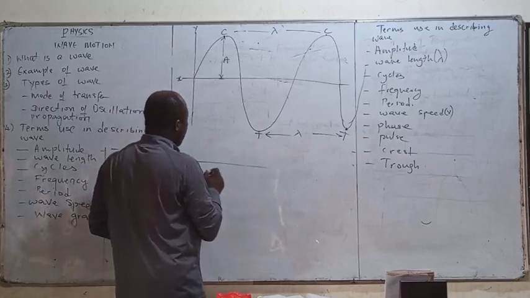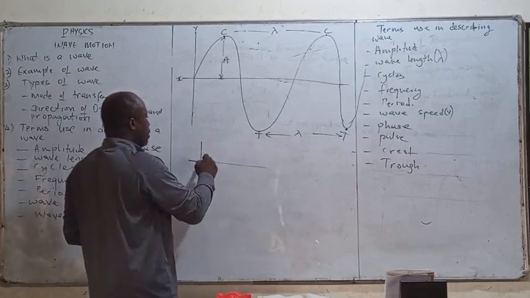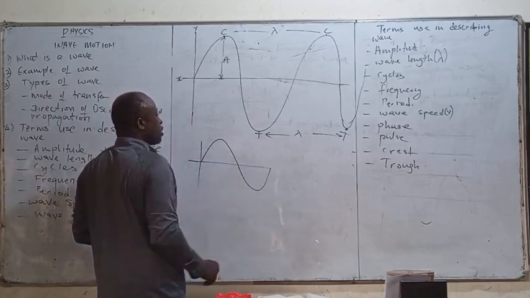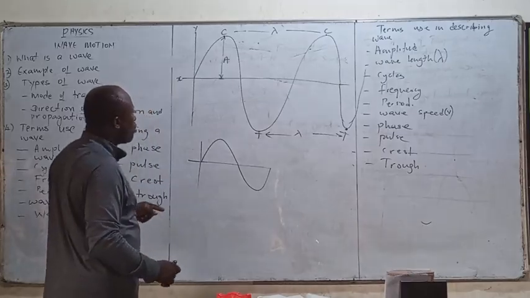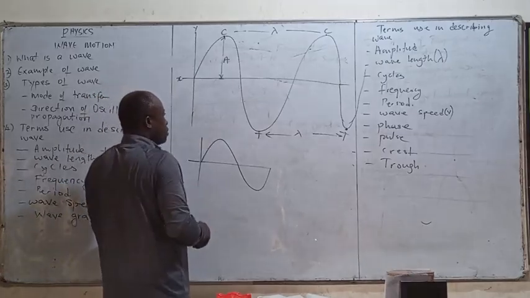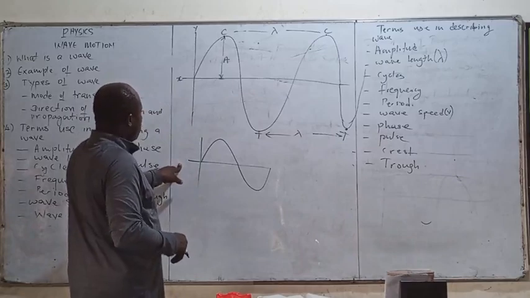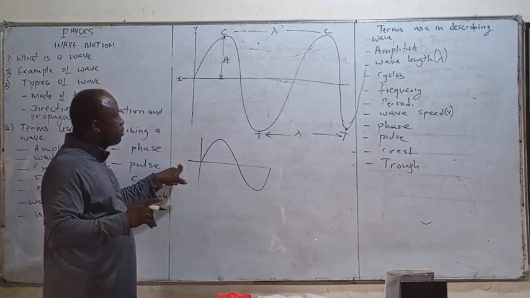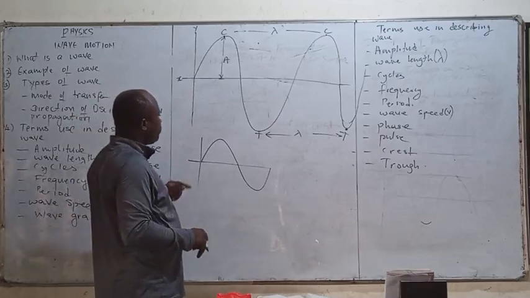With the diagram, you can see this is a semicircle. When you add another, that gives you a circle, so a cycle is a complete oscillation. The next term is wave speed.